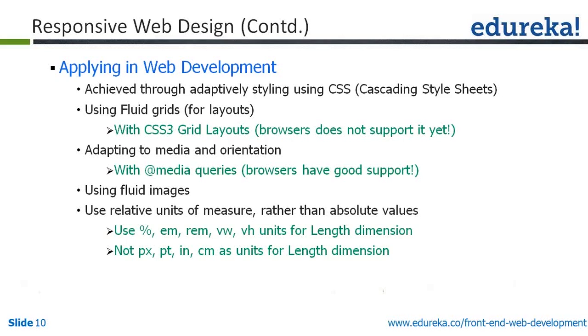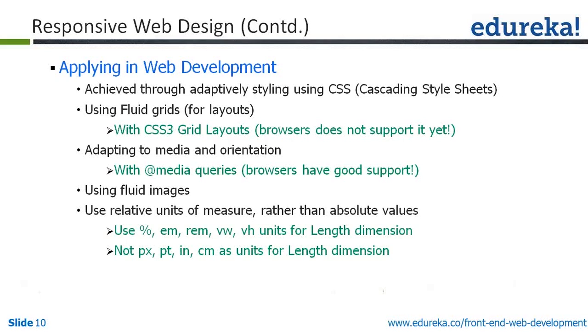Note that there are other units of measure like pixels, points, inches, centimeters, millimeters, and so on. Those also can be used for length dimension. But if you use those units of measure, then your website will not be responsive. It will always have a fixed layout and fixed size. Even if you resize your window, you will see the same size elements on the web page.